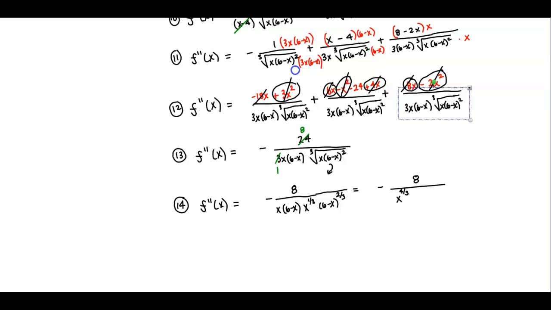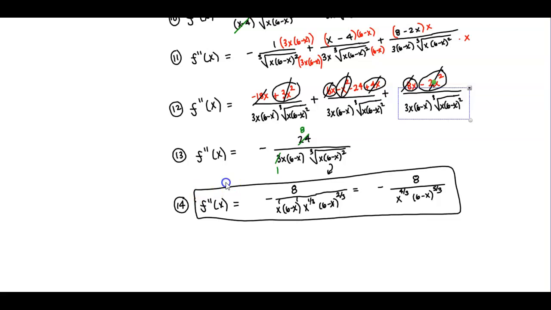And this also has an exponent of 1. So (6 minus x) times (6 minus x) to the 2/3, that's 3 over 3 plus 2 over 3. So that gives us (6 minus x) to the 5/3. So that represents our second derivative.